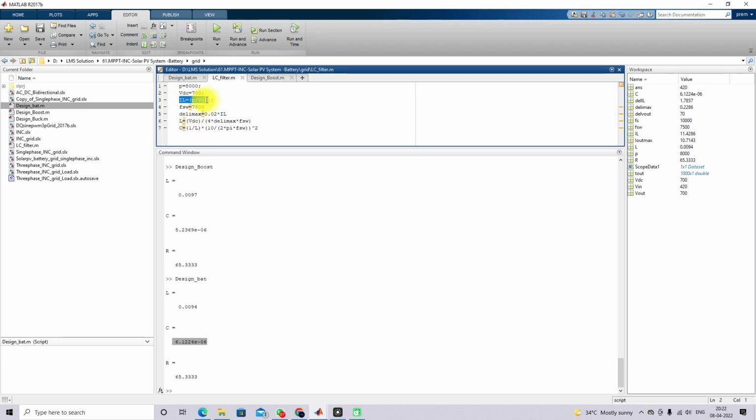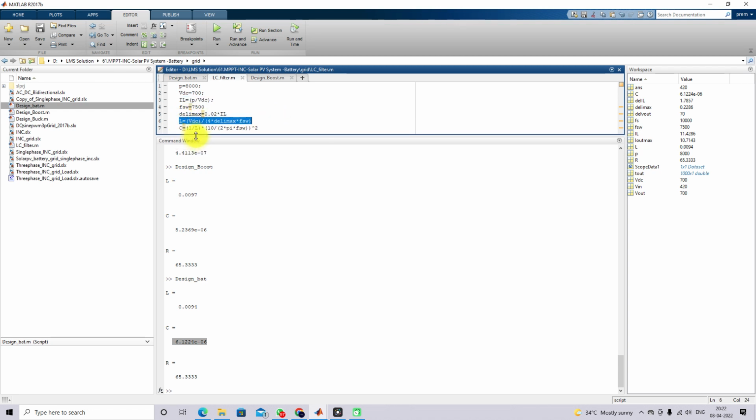Here we are calculating the load current, and then I am going to consider the switching frequency as 7500. This is the inductor ripple current. Here I am going to consider 2% of the total current of the system, and this is the formula used for calculating LNC for that particular filter.